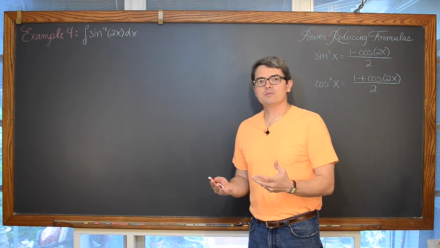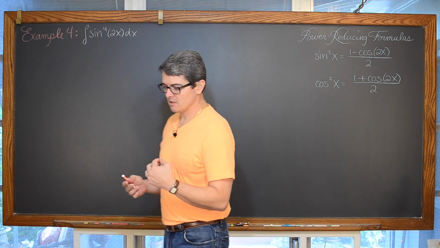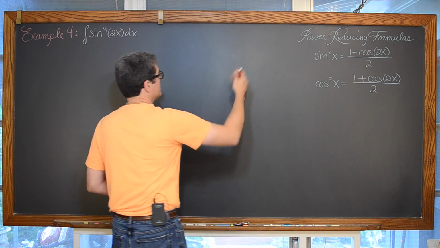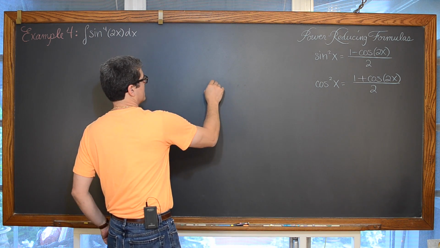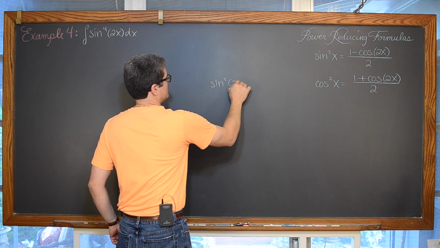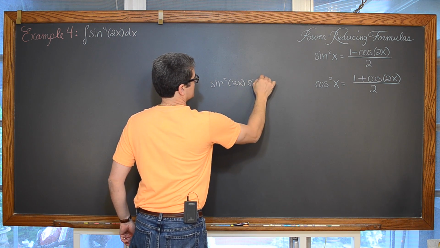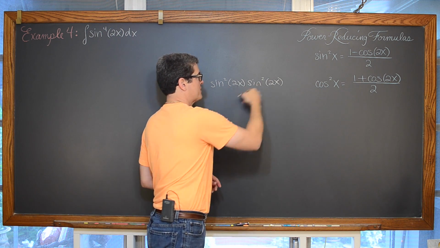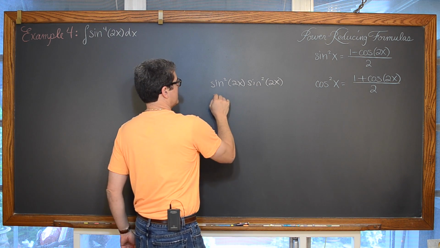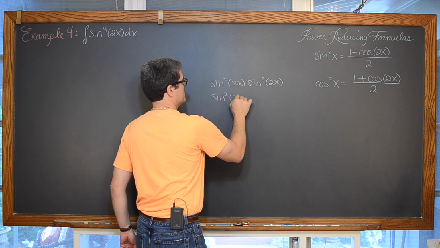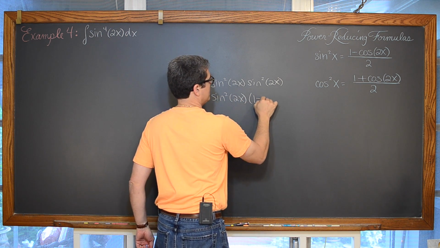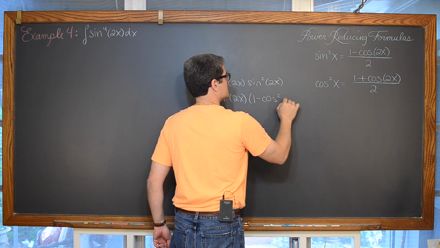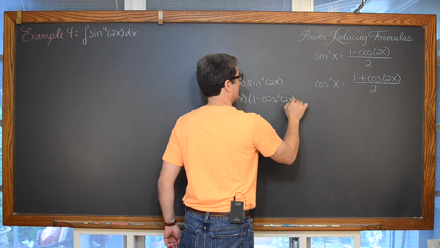And you want to use the power reducing identity, or the power reducing formulas, because we could write sine squared of 2x times sine squared of 2x, and then use the Pythagorean identity to write that as sine squared of 2x times 1 minus cosine squared of 2x.